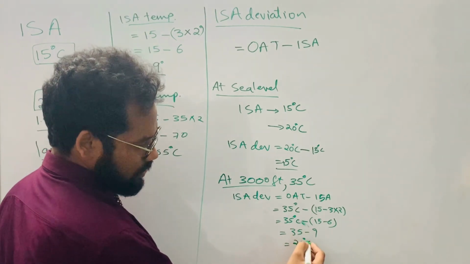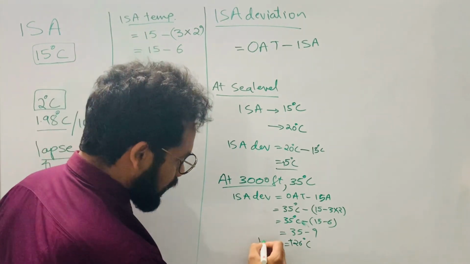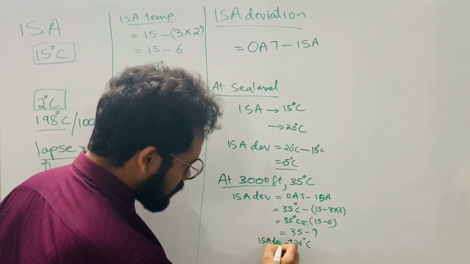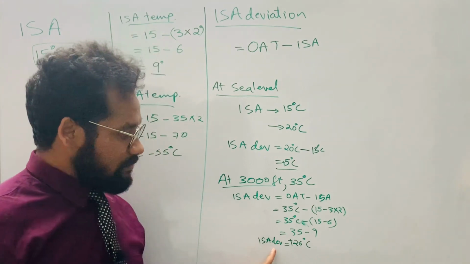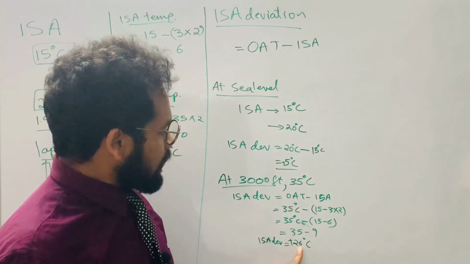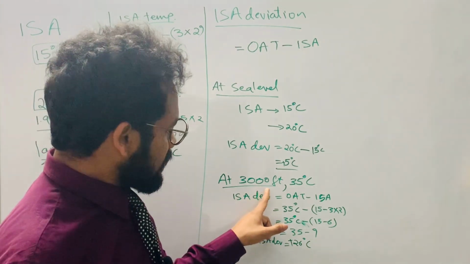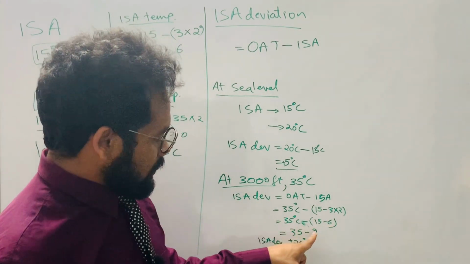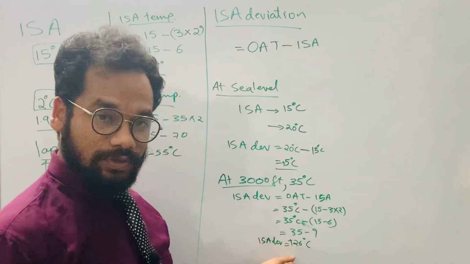So it is 26 degrees Celsius, this is plus. What is the meaning of this? ISA deviation at 3000 feet is plus 26. That means the actual temperature is 26 degrees warmer than the ISA at 3000 feet. So ISA at 3000 feet is 9 degrees, and the ISA deviation is plus 26 degrees.